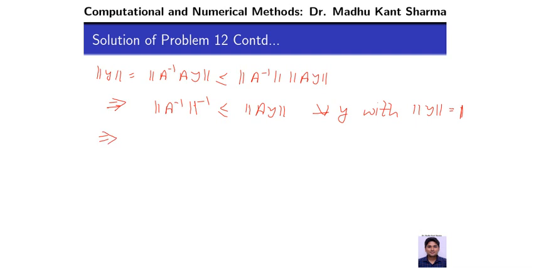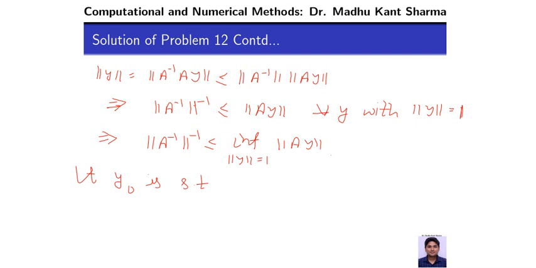Then if you look at this factor, norm of A inverse y naught by norm of A inverse equals norm of A inverse.